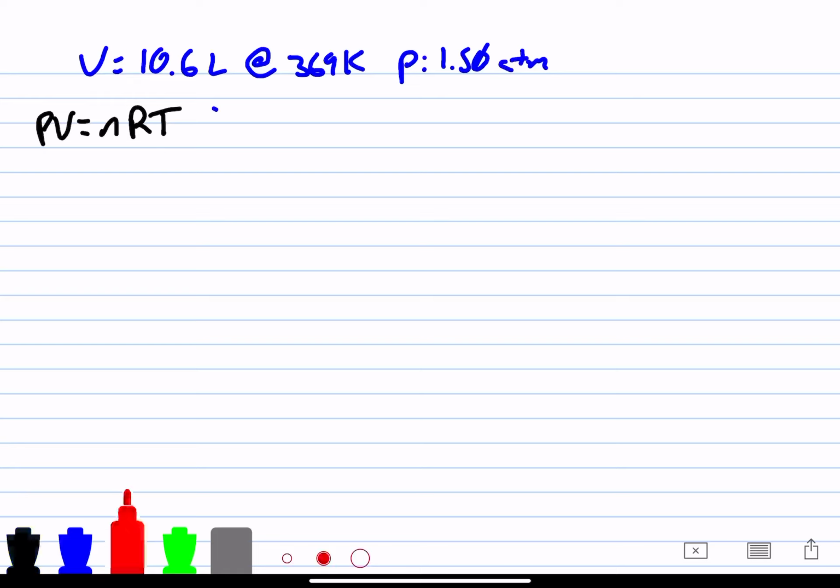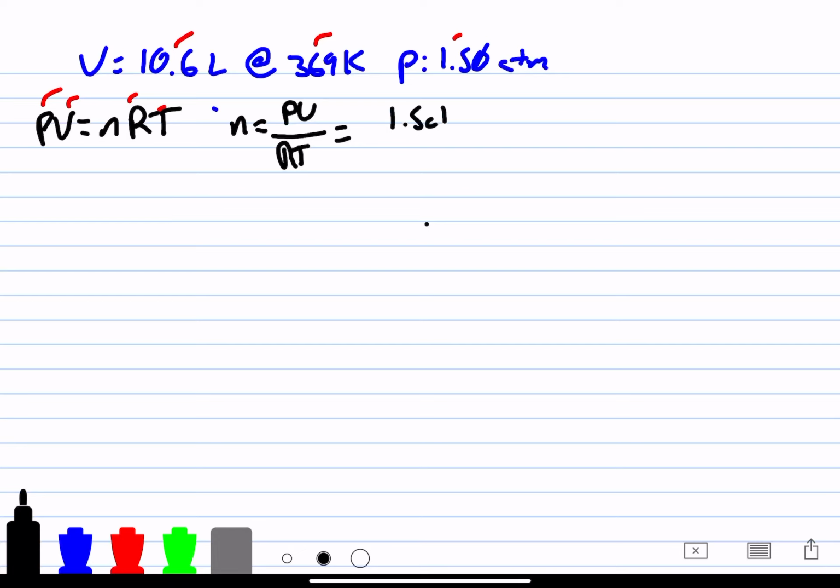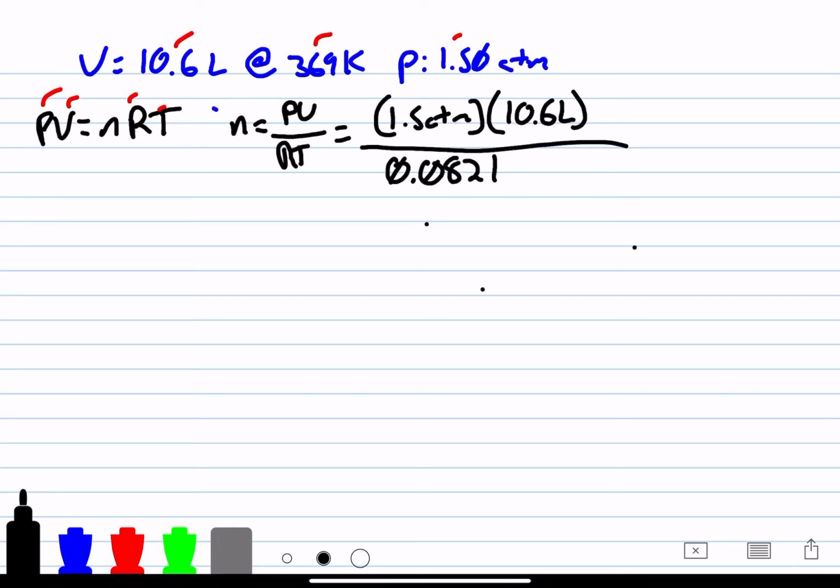So we can see that because we're given the volume, we're given the pressure, we're given the temperature, and then R is a constant. So we can rewrite this. n is equal to PV over RT, which is equal to 1.5 atmospheres times 10.6 liters over 0.0821, that is our R constant, times our Kelvin.